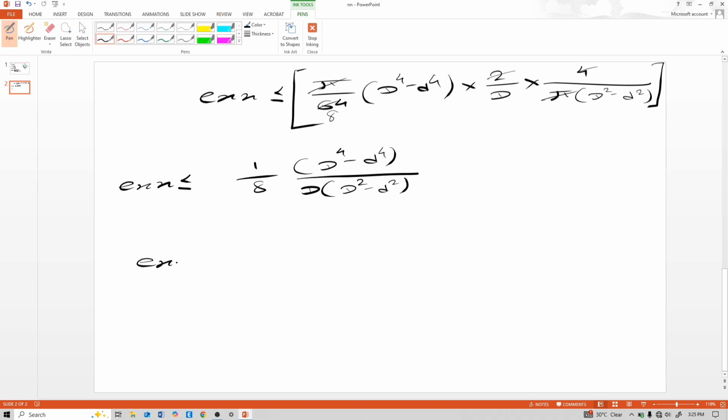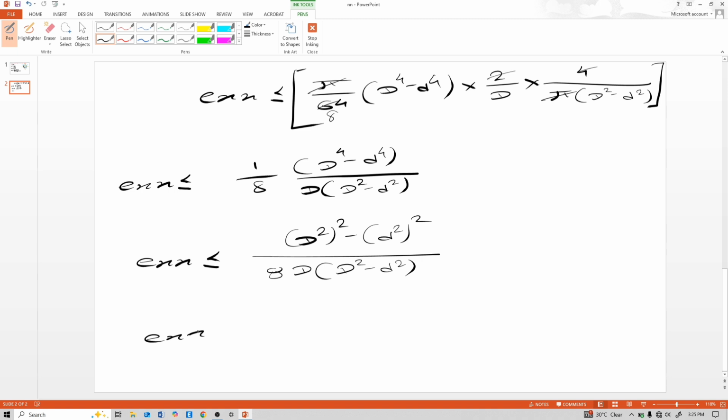So Exx should be less than or equal to, write this D raised to 4 like that. I will tell you why we write it like that. This is 8 as it is, D square minus small d square.